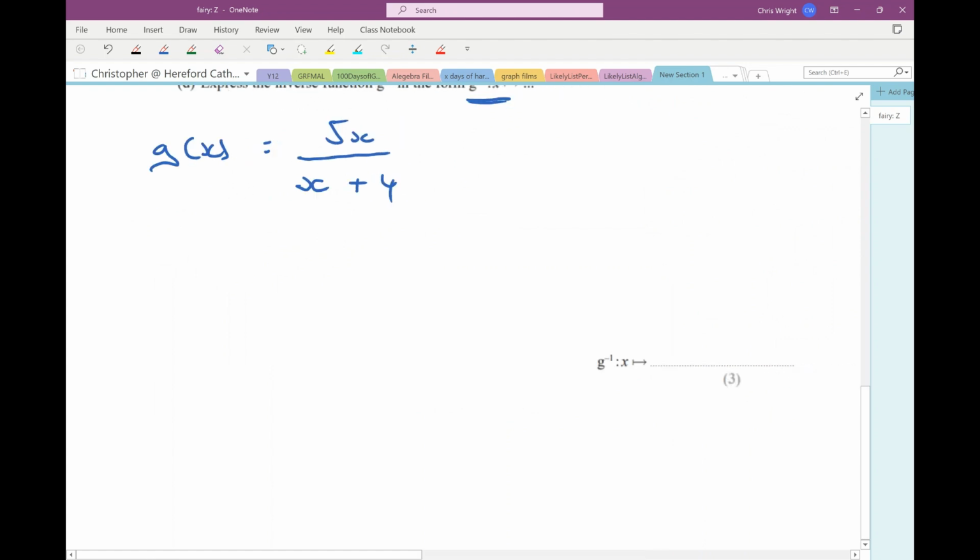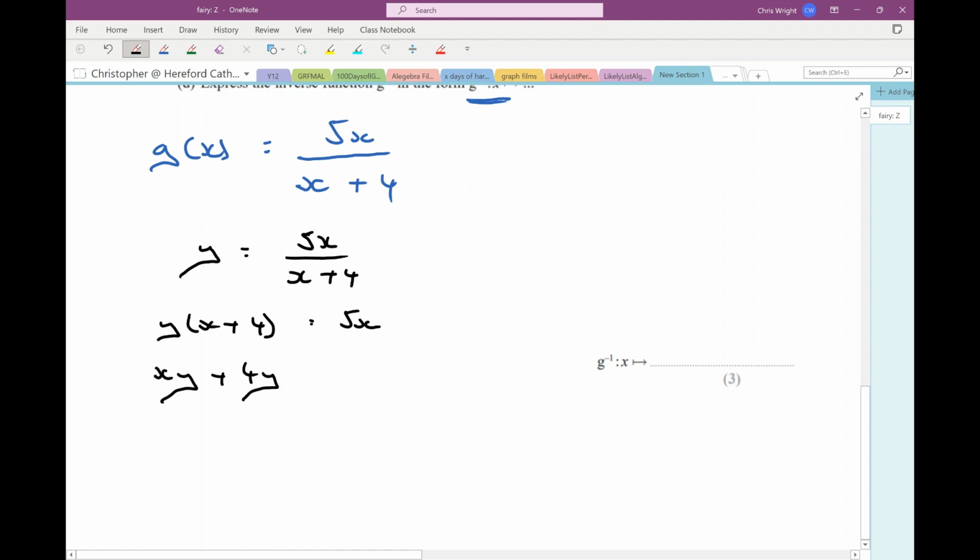So this is my set routine for this. I write y equals 5x over x plus 4, and now I'm going to make x the subject of this expression. In this case, to do that, I'm going to multiply both sides by x plus 4. Right, I better multiply out this bracket. xy plus 4y equals 5x.